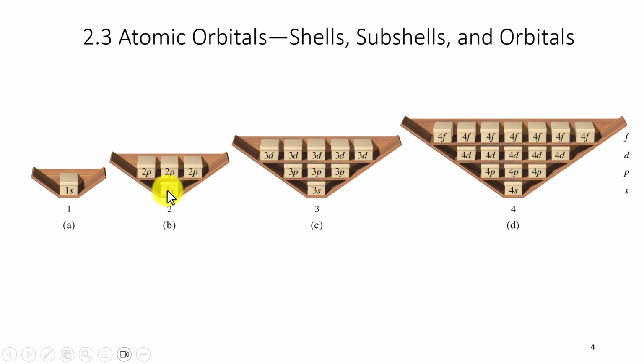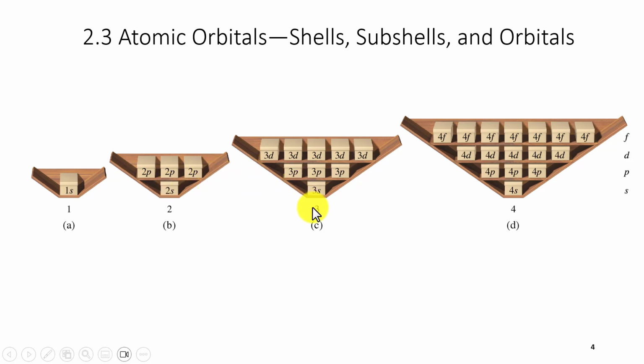It's designated 2s because it's my second cabinet, but it's still s because I can only fit just one orbital in here. That's the orbital. It's still 2s. Now, when I go to the second shelf, the second subshell, which is p, I can fit more shoe boxes, more orbitals. And so I have 3 shoe boxes that fit in here for the p shelf.